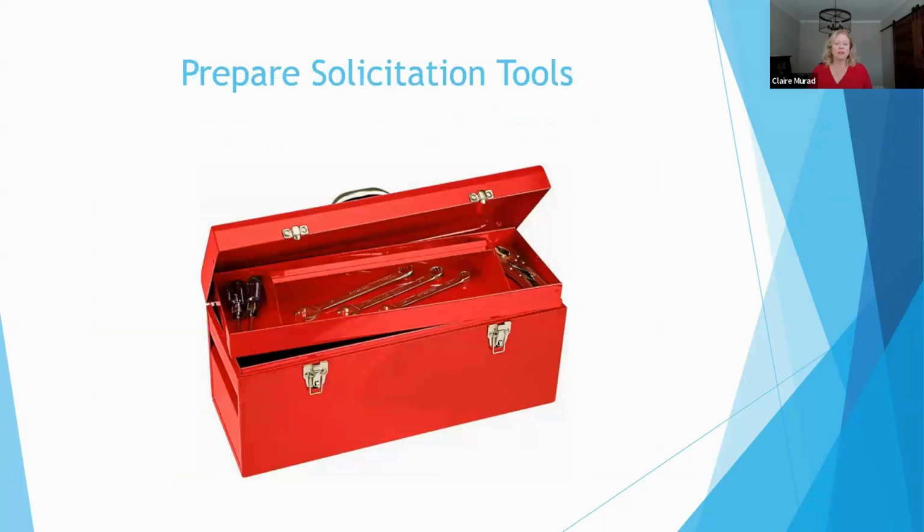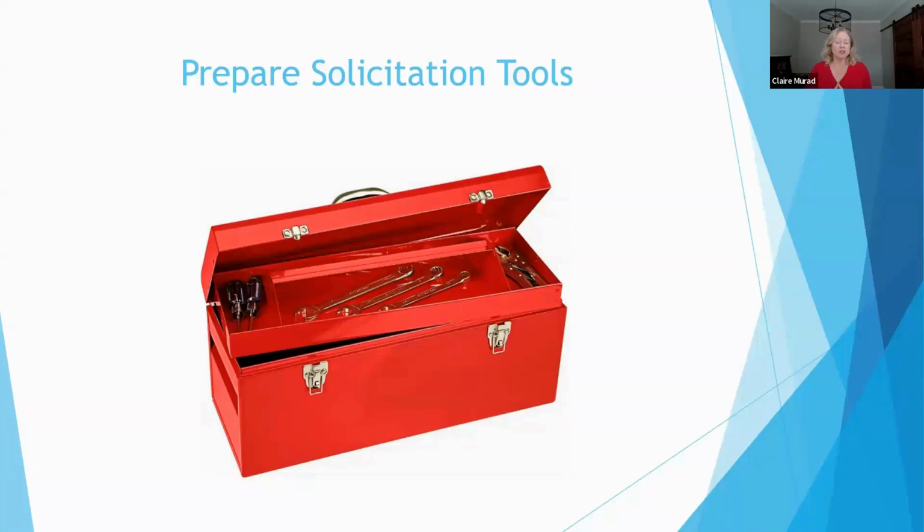So you want to provide your solicitations committee members with a digital notebook with resources that they need and information that explains their duties and goals. And the information that you provide should be updated regularly. You want to have some type of a notebook or a downloadable document that would include things like your donation form, or a link to the online donation form that you're going to use.